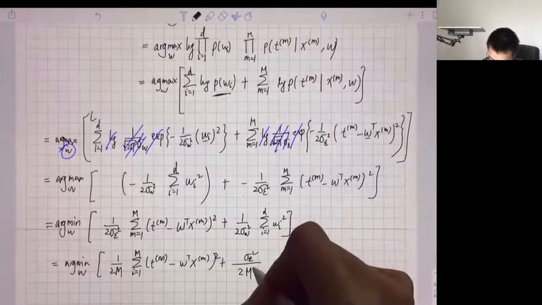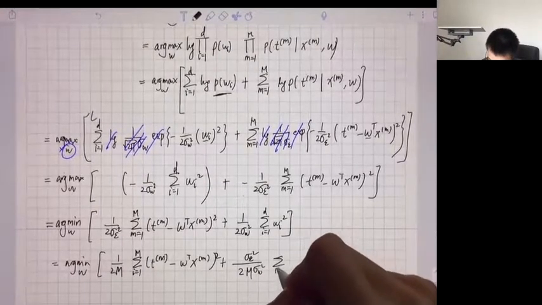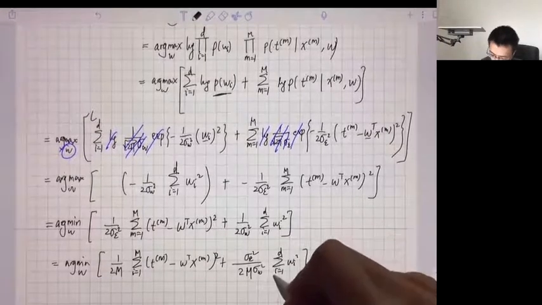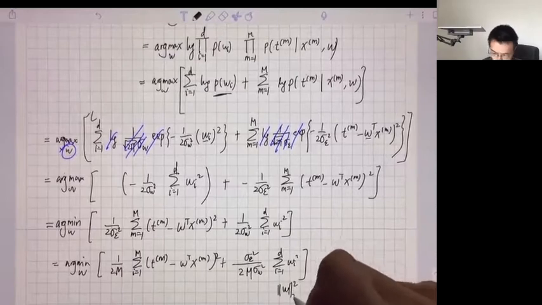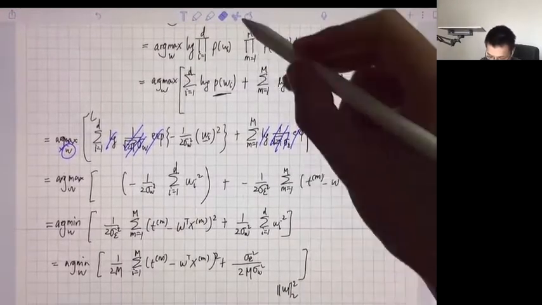And here we have the sigma omega square too, okay? And we know this term is the L2 norm of W square, right? So I can just write the term here.